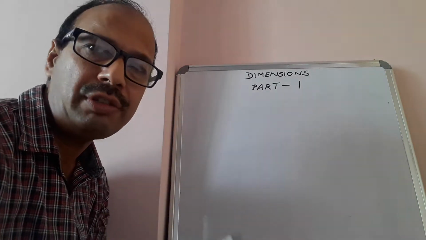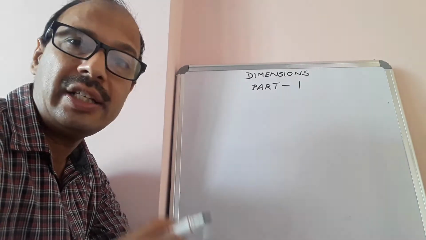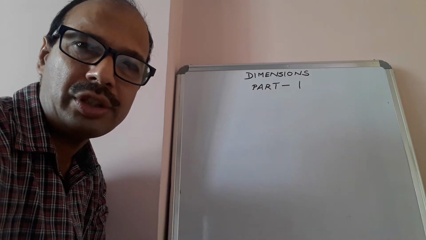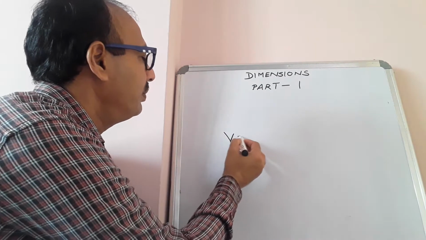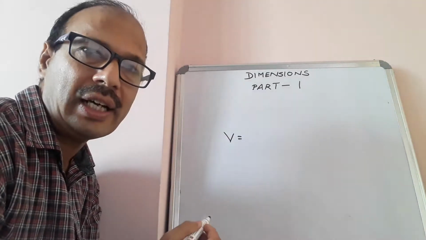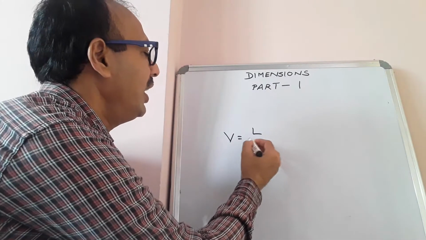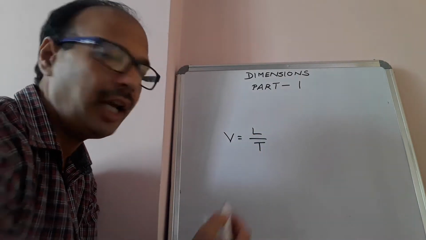Dimensions and dimensional formula. Whenever a derived quantity is written in terms of fundamental quantities, for example velocity, if you want to write that in fundamental quantities, we will write length by time, displacement by time.